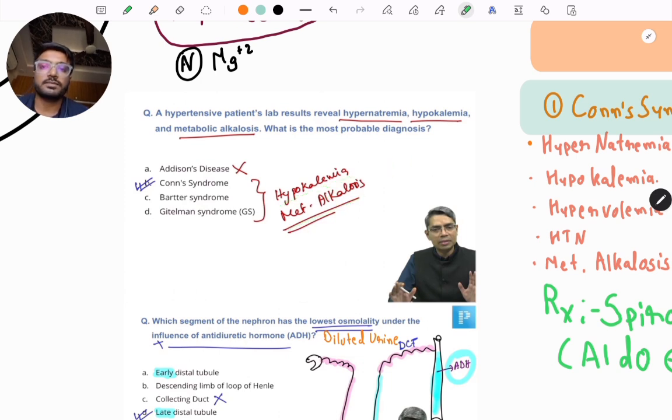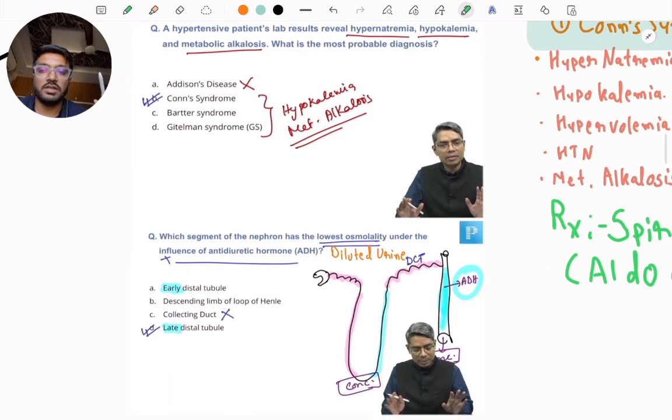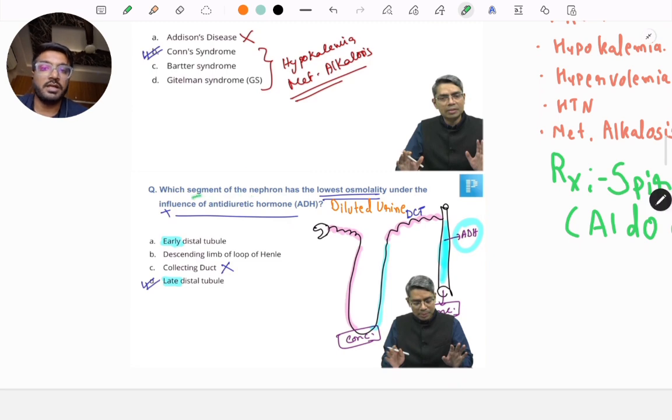But the patient is also hypertensive, which is also a symptom here, and which won't be in Bartter and Gitelman syndrome. And also the hypernatremia, which is the bad effect of more aldosterone.